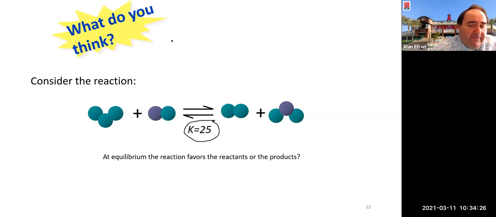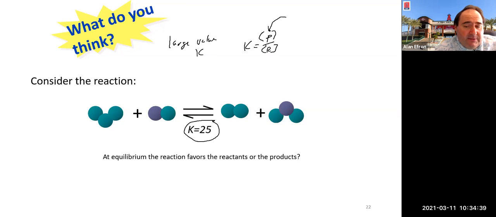Here at 25, that is considered a large value of K. And since K is basically products over reactants, a large value would indicate that we should have a lot more products than reactants. That means we would favor products being formed when we reach equilibrium. Any questions on that there?